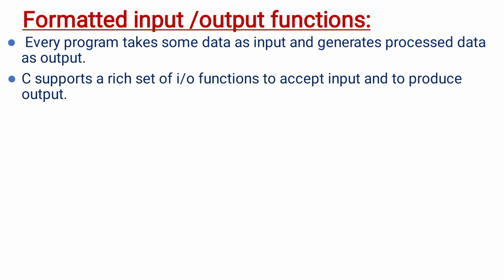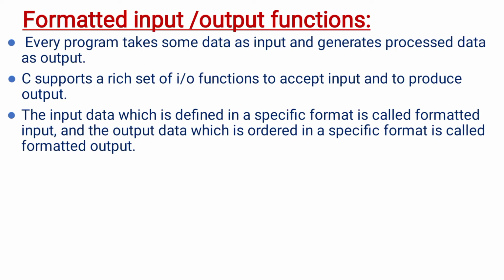C supports a rich set of input-output functions to accept input and to produce output. The input data which is defined in a specific format is called formatted input, and the output data which is ordered in a specific format is called formatted output.